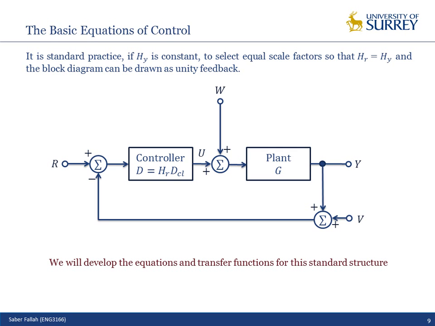I will discuss the case where HR is not equal to HY, or where it is not possible to choose HR equal to HY, later. But in this lecture, I just talk about these unit feedback systems.